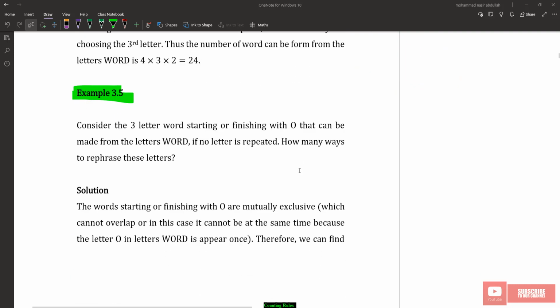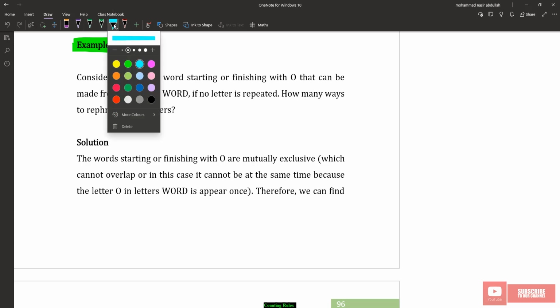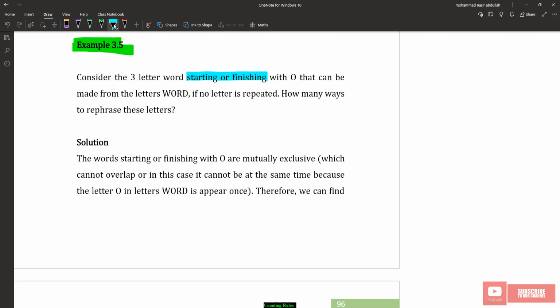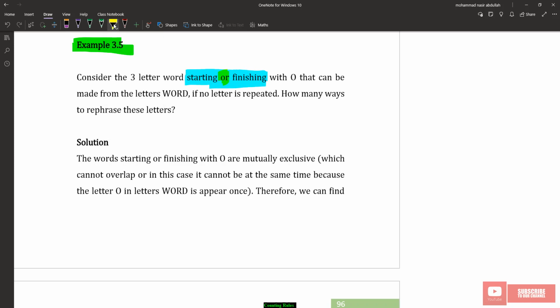So now let's look at example number 3.5. Consider 3-letter words finishing or starting with O. In mathematics, if you still remember logic, if you have the word or, it means you're going to do addition.